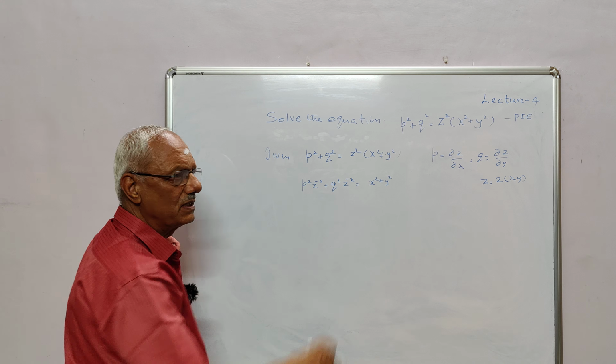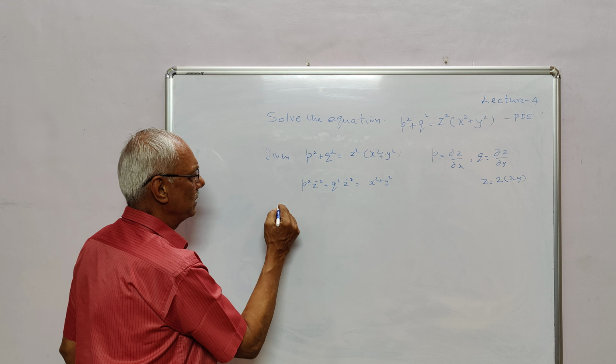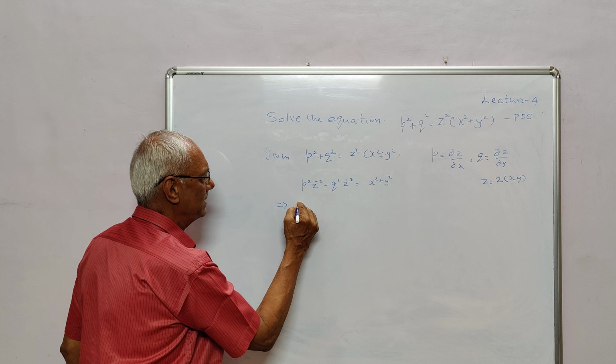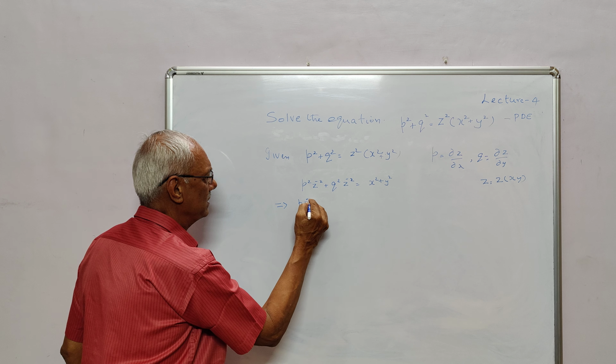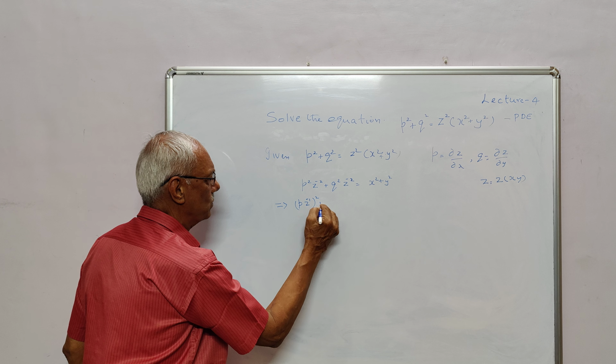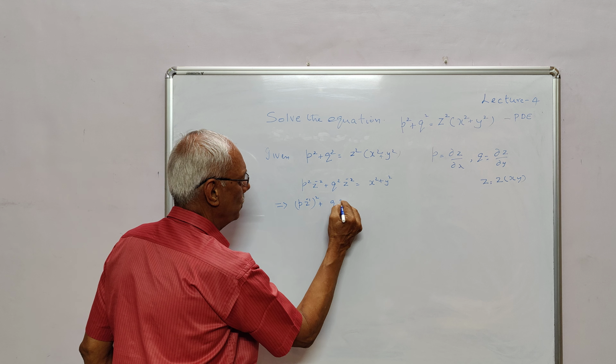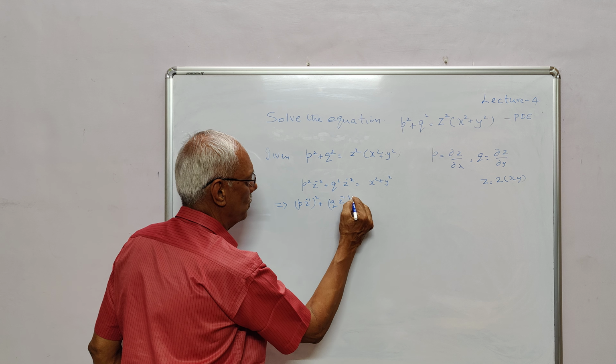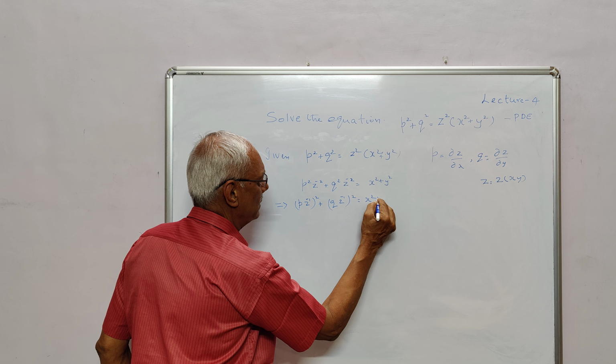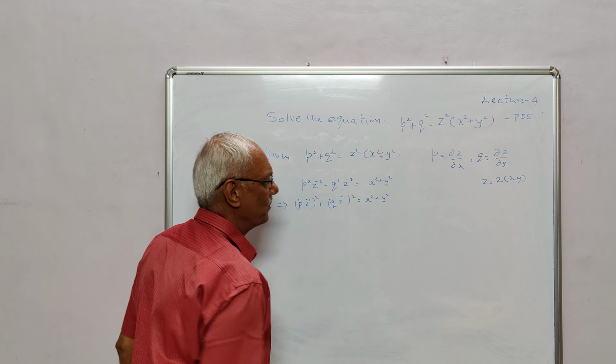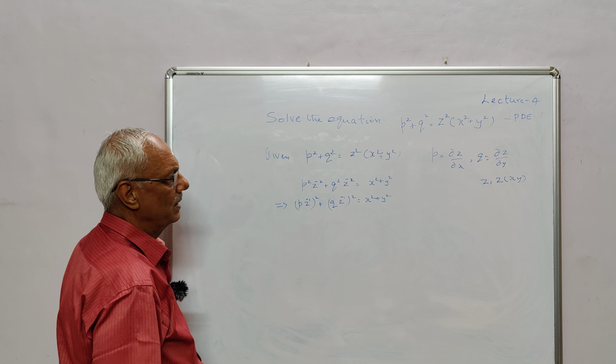I divide throughout by z squared, because of which I am getting this. So this simply implies (p z to the power of minus 1) whole squared plus (q z to the power of minus 1) whole squared is equal to x squared plus y squared. So this is what I get.